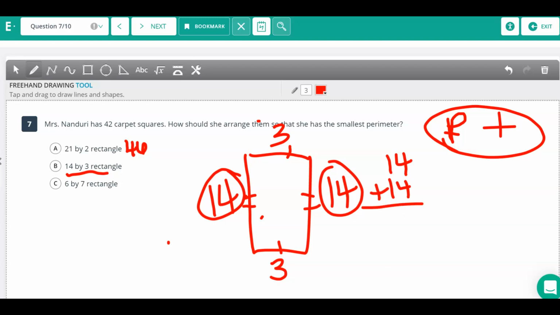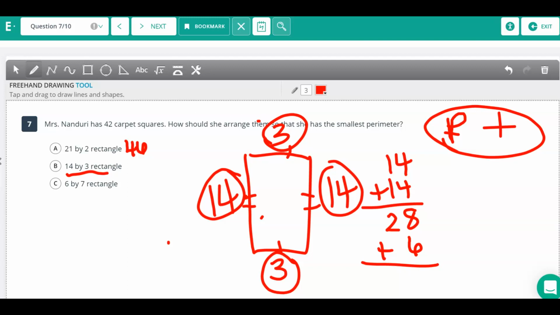You can pause the video now if you need to catch up. Four plus 4 is 8, and 1 plus 1 is 2. Then I can add 3 and 3. Well, I know in my head 3 plus 3 is 6, so I'm just going to add 6 and make it easier for myself.